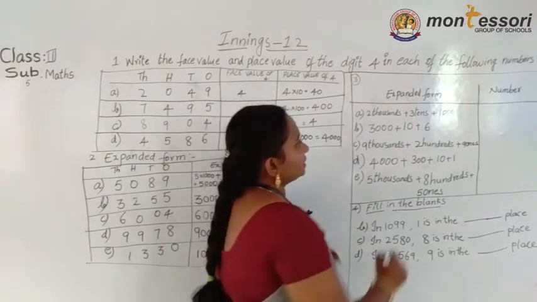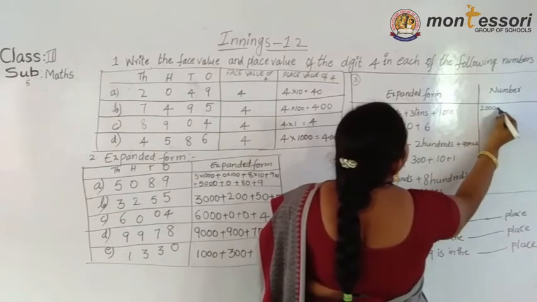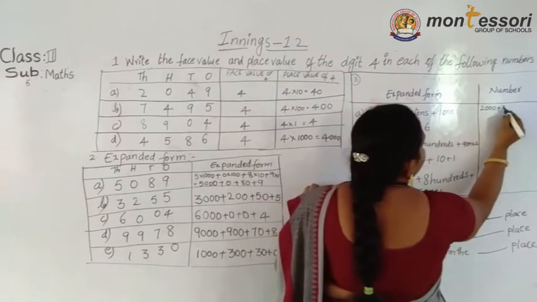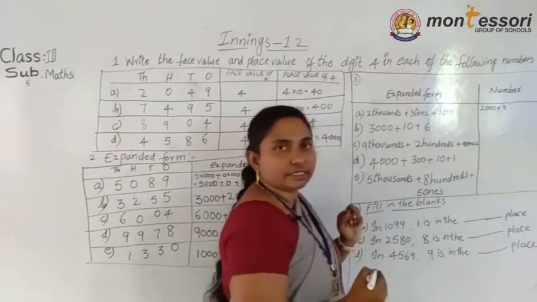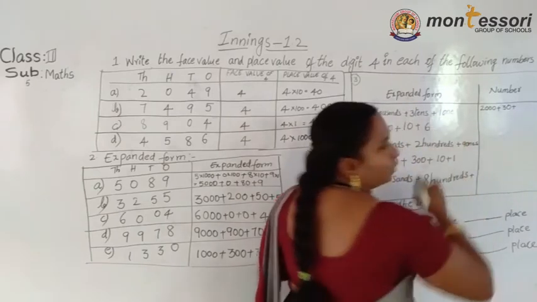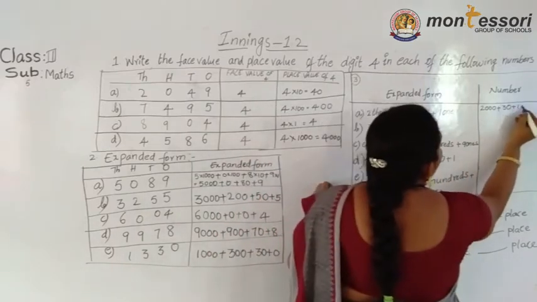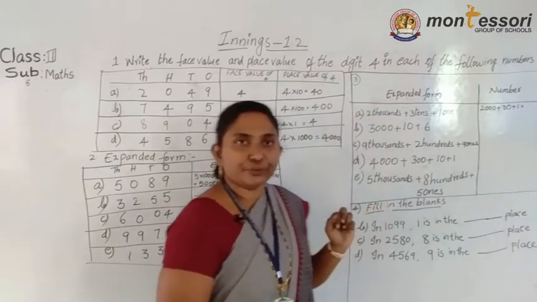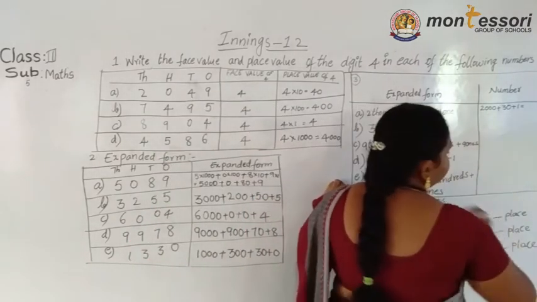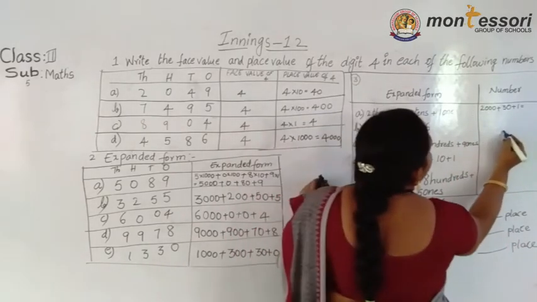So 2000 means we write 2000. 3 tens means 3 into 10, 30. 3 into 10 is 30, plus 1 one, which means 1. So now we can do the addition.